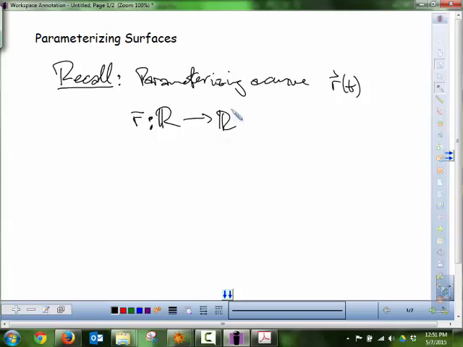So let's go to 3 dimensions. We can look at r in a couple of different ways because it's a parameterized function. We can look at r as being defined vertically with the vectors x of t, y of t, z of t.